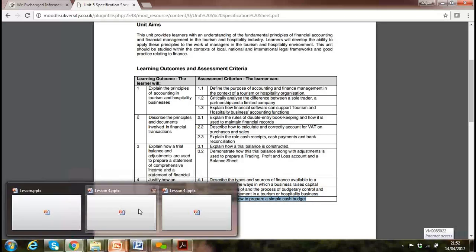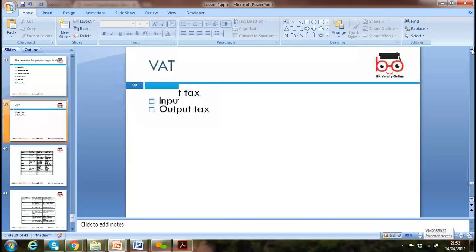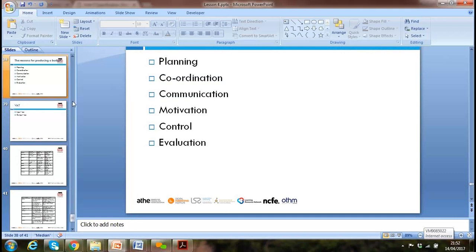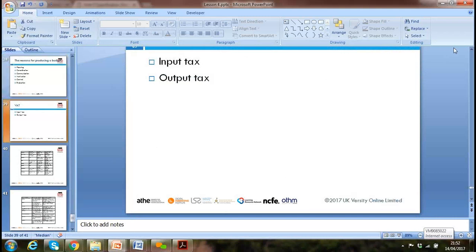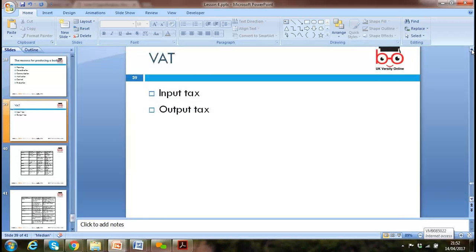I'll go through VAT with you. VAT is value added tax. In the UK, the registration threshold used to be 83,000 or 85,000 pounds turnover. This year it has increased, and every year it changes slightly. If your company's turnover, your sales, is 87,000 pounds, you must register for VAT.